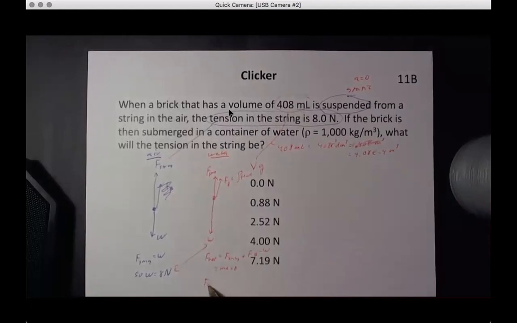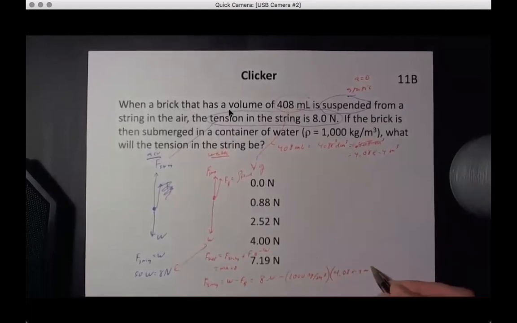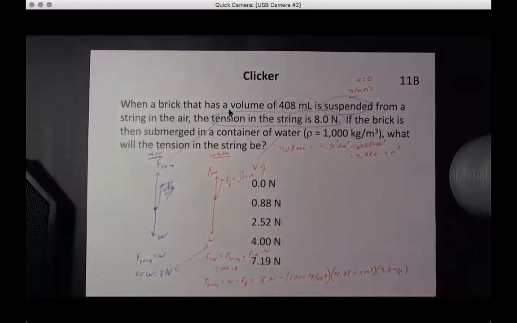So F string is equal to W minus force of buoyancy, which is 8 newtons minus the force of buoyancy: density of fluid, 1,000 kilograms per meter cubed, times volume 4.08 E minus 4 meters cubed, times 9.8 meters per second squared.